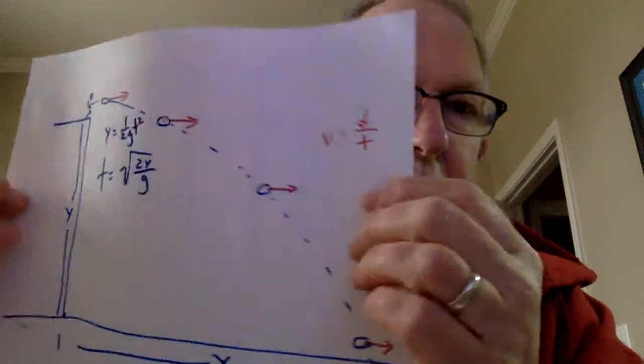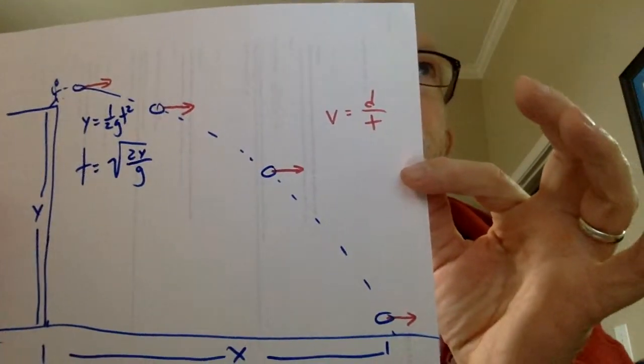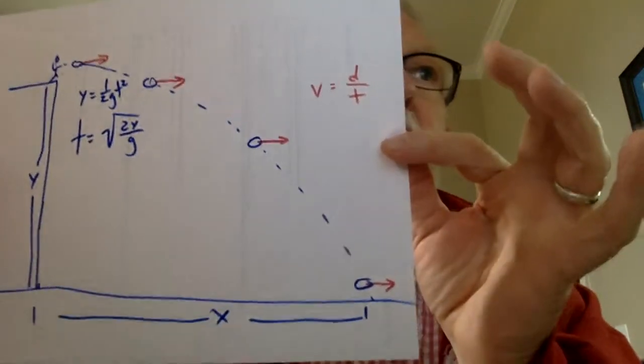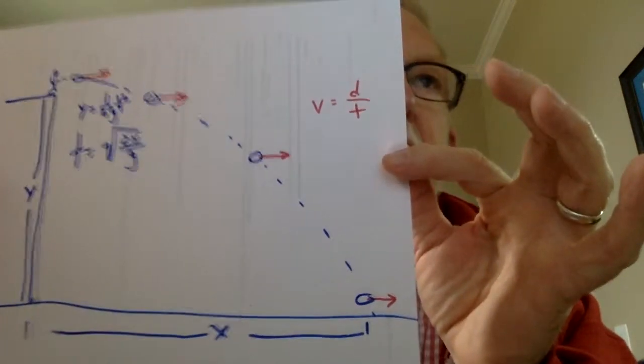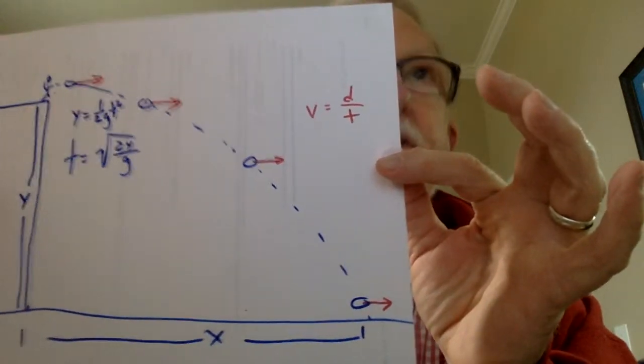Now, there's a couple of formulas that we will use. But first, let's do 2 or 3 nomenclatures, just naming. First of all, y is the height that something is dropped, launched, tossed, or kicked from. And x is the range, or the distance from where it was dropped to where it lands.